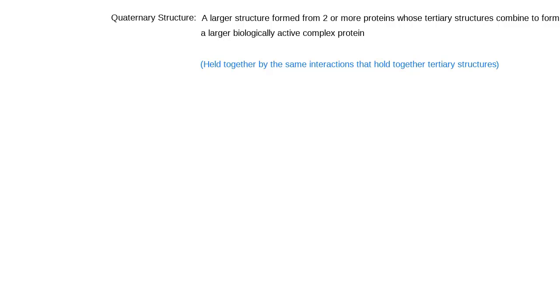The only difference is that a quaternary structure is formed from two or more separate tertiary structures, two or more separate amino acid chains, two or more separate proteins that combine to form a larger protein. Multiple polypeptide chains, basically.